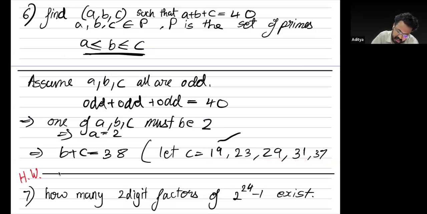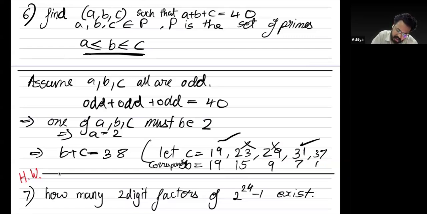For these, 19 and 31 give the corresponding values of B. The corresponding value of B is 19 again over here; for 31, 38 minus 31 is 7. 38 minus 29 is 9, 38 minus 23 is 15, and for 37 it is 1.